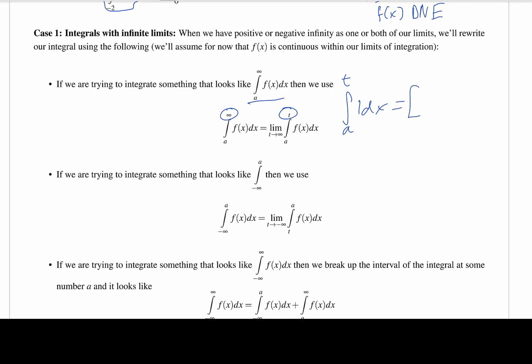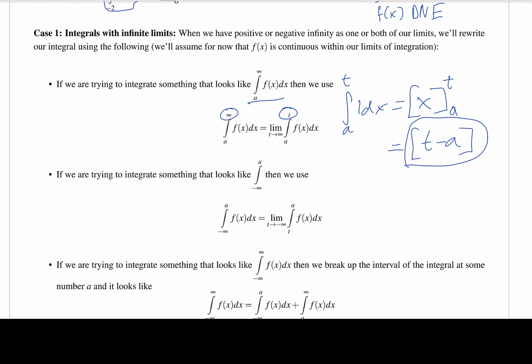So this would be the integral of 1 is x, and then evaluated from a to t. So then this would be equal to just t minus a, right? We're going to have a lot more complicated integrals, and then we'd have to do a limit as t goes to infinity of whatever this expression is. But this is kind of how it will work.